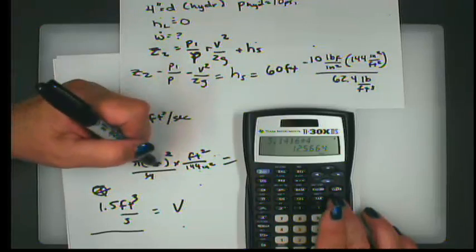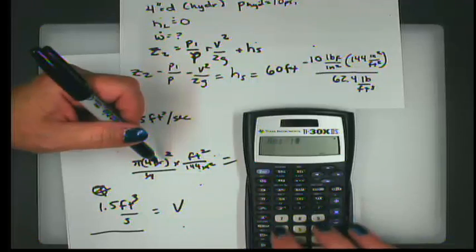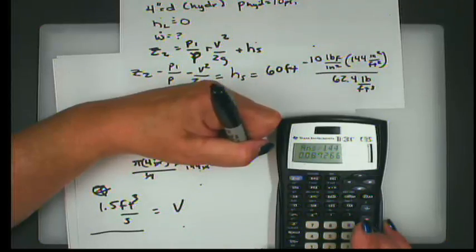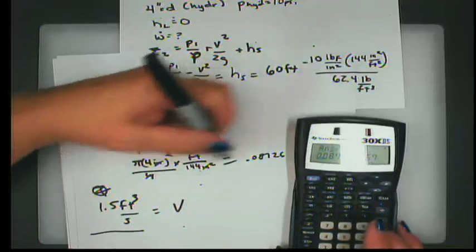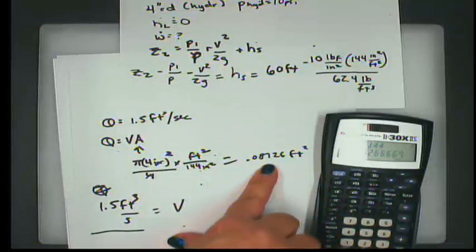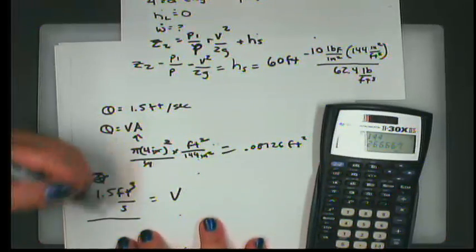And then to get it from inches squared to feet squared, I can divide that number by 144, and I get that value is 0.08726 in units of feet squared. So the area of the outlet was actually the inlet for this problem, but the outlet of the hydrant is 0.08726 feet squared.